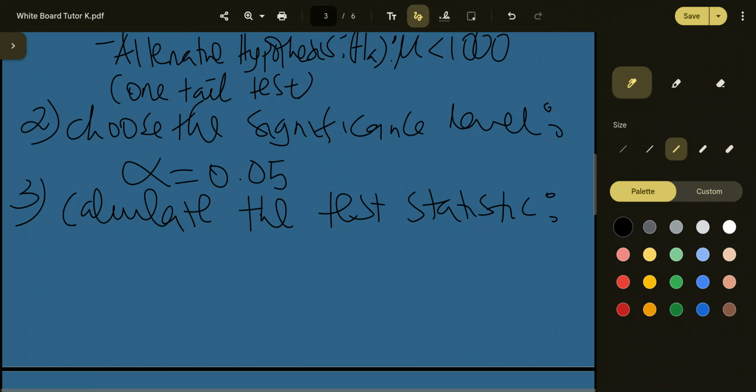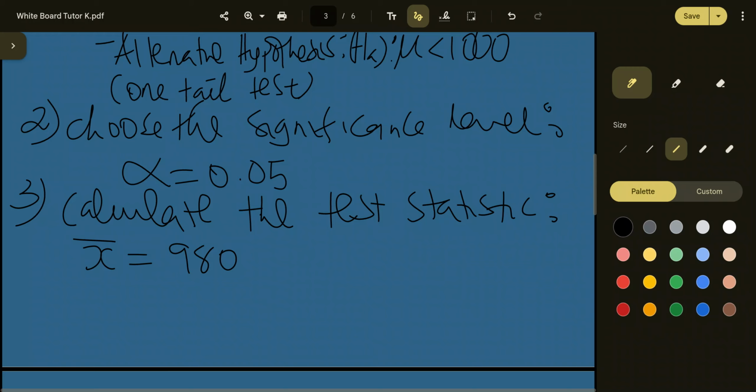In this case, we already know the sample mean, which we are told is 980.